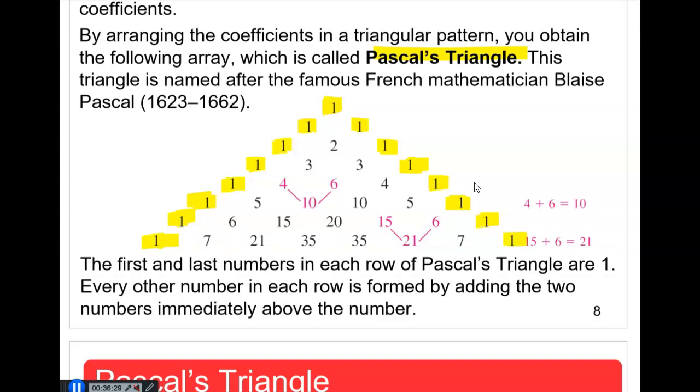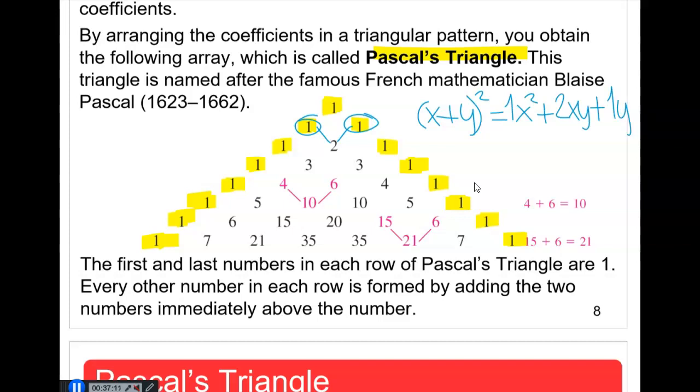So the way you find your numbers: of course the first and second rows will just be 1 and then 1 1. For the third row, what we're going to do is add the two numbers that I'm circling. So it will be 1 plus 1, and that gives me 2. Now if you recall, the coefficients for x plus y squared were 1x squared plus 2xy plus 1y squared.